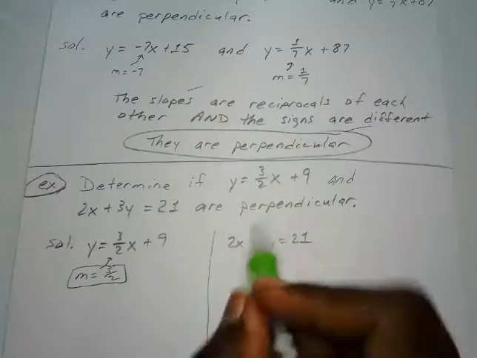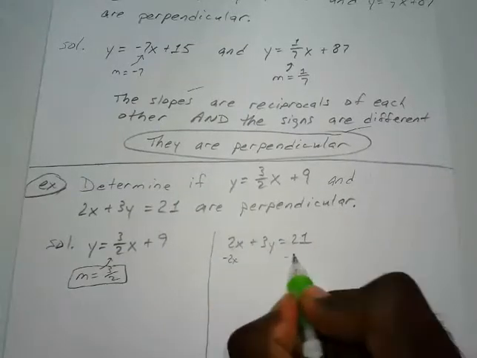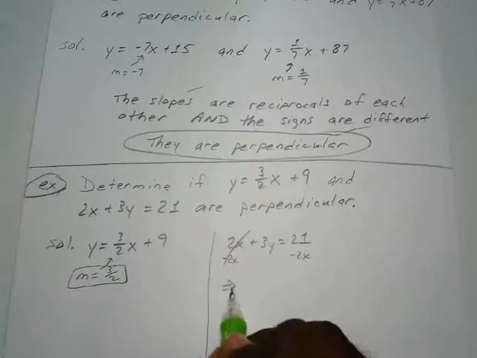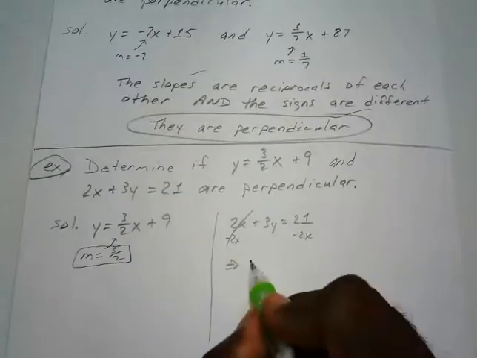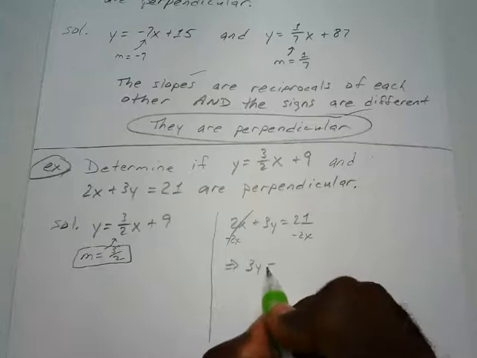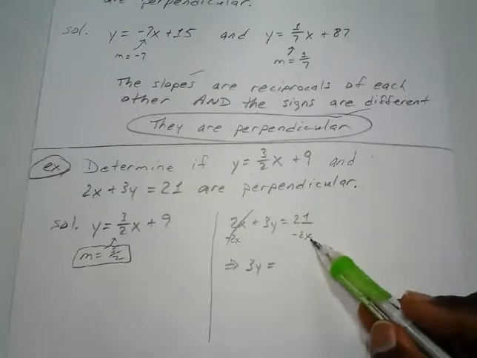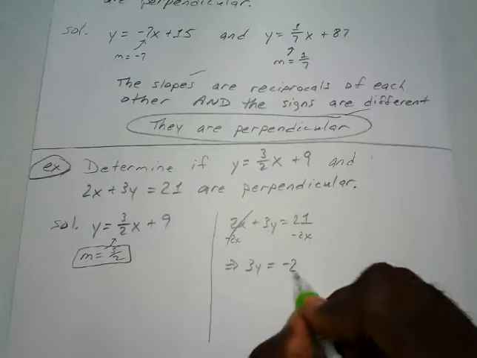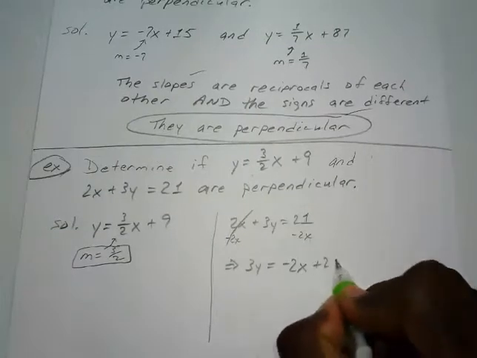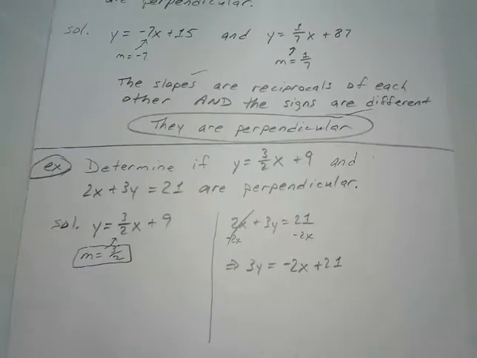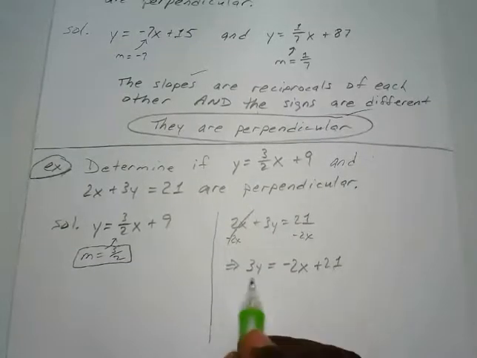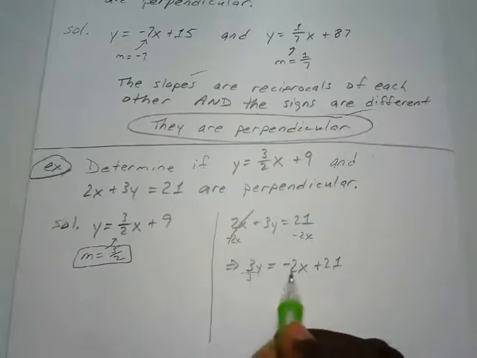So we subtract 2x from both sides, where that cancels out. Then we have 3y equals, remember, we put the x term first, negative 2x plus 21. Now we divide each term by 3 to get y by itself.